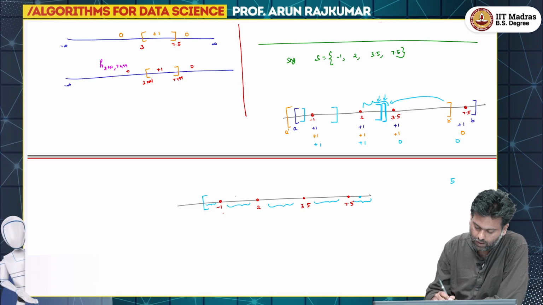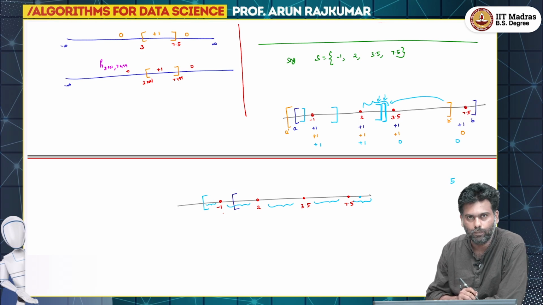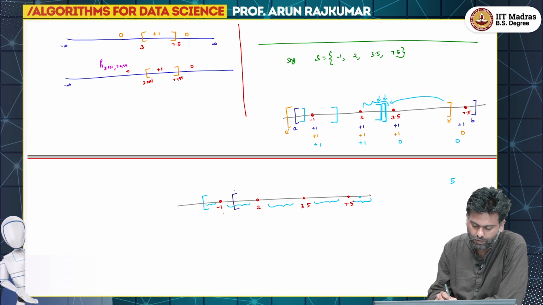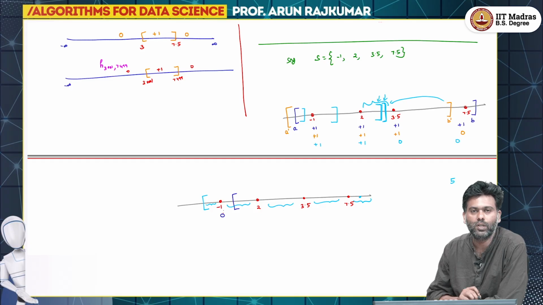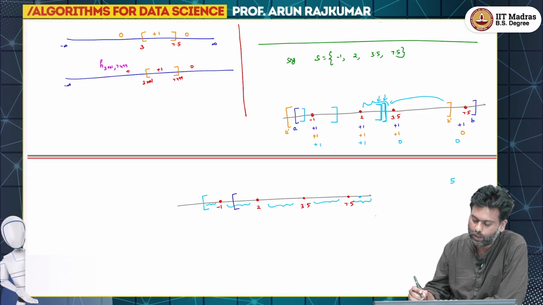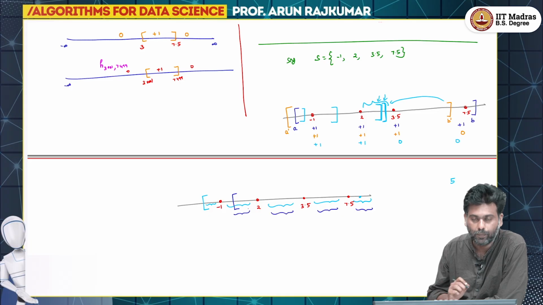Now, instead if I fix the left end somewhere here, then minus 1, no matter which classifier, wherever I put the right end, is going to be labeled as 0, because it is to the left of this. But for the other points I have other choices, because now I have one choice to put here, here and here, right.